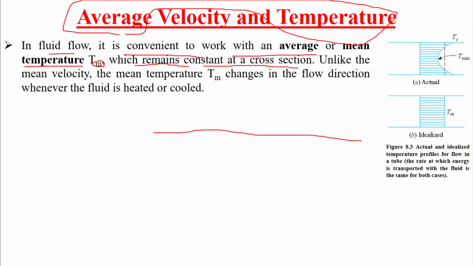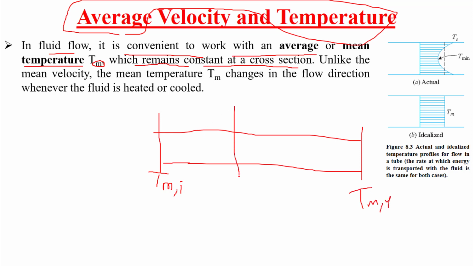So if we have a pipe, at the entrance, we have T mean at the entrance. For the exit, for example, we have T mean exit. For this location, we have T mean at a certain x.